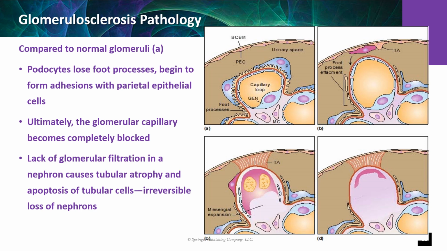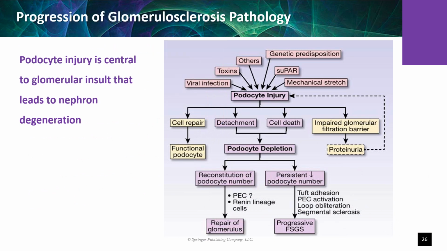The capillary fills with hyaline fluid and foam cells as seen in C. The glomerular capillary then collapses with fibrotic changes, and the surface area for glomerular filtration in this loop is completely lost, contributing to an overall decrease in the glomerular filtration rate seen in D. Glomerular sclerosis pathology often starts with podocyte injury that breaks down the nephrons, causing them to degenerate.